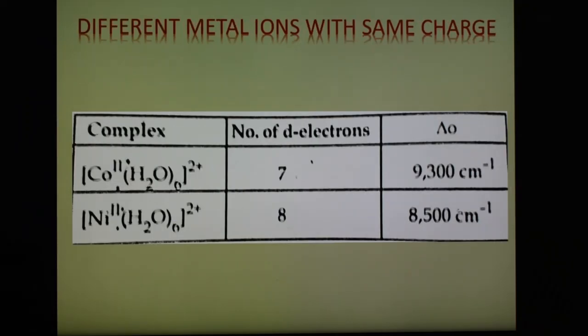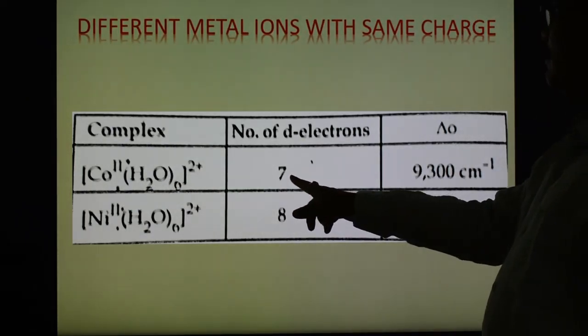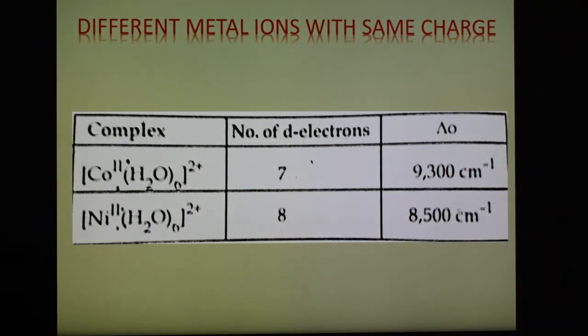Now the second case: this is the table which shows metal ions having the same charge, but the number of d electrons is different. In this case, cobalt 2 has 7 d electrons, that means d7, and nickel 2 has 8 d electrons.